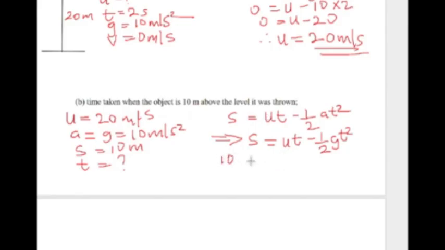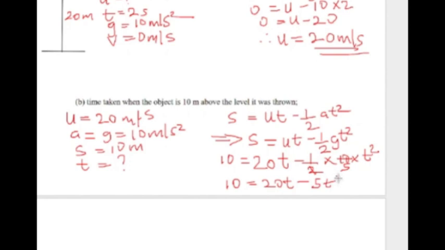We have 10 = 20 times t, that's 20t, minus half times 10 times t squared. So 2 cancels 10, makes it 5. So we are getting 10 = 20t minus 5t squared. So this is obviously a quadratic equation.